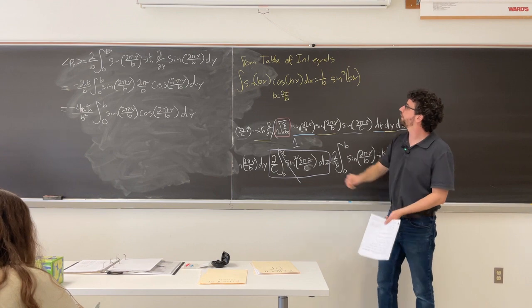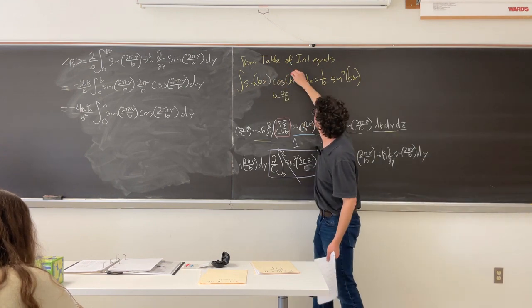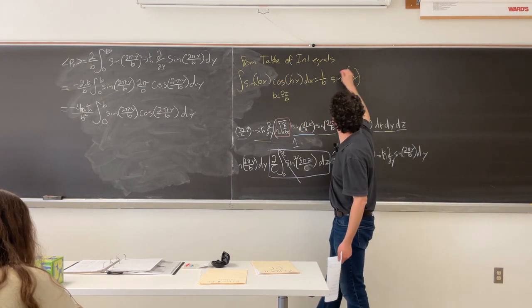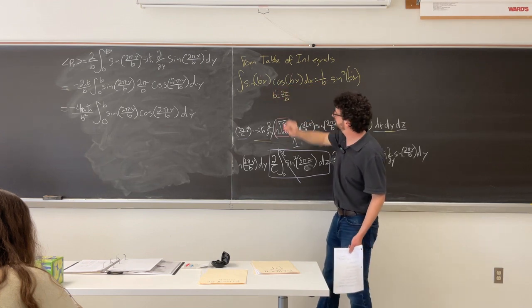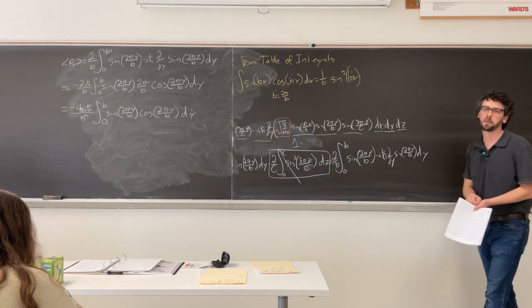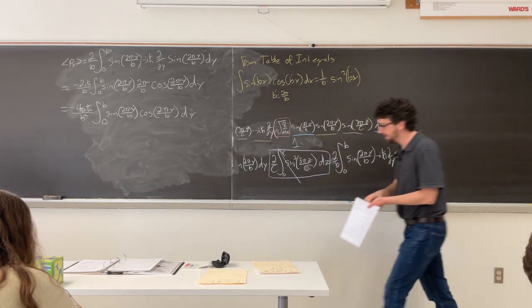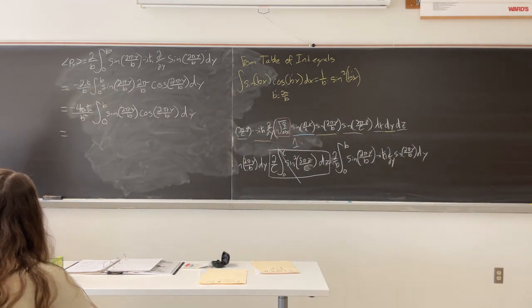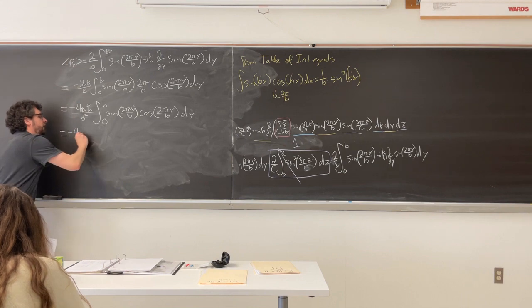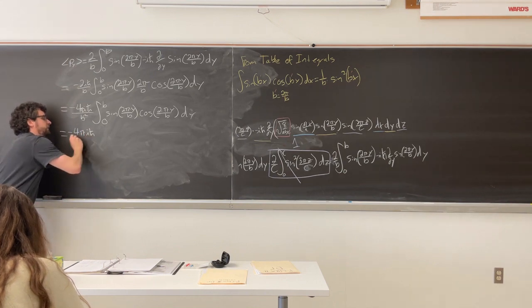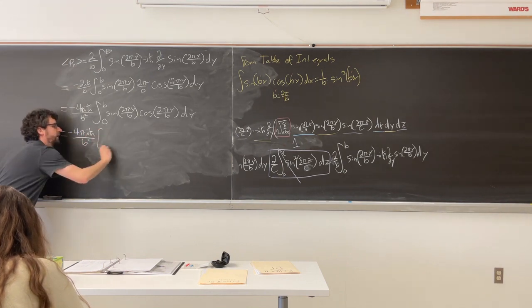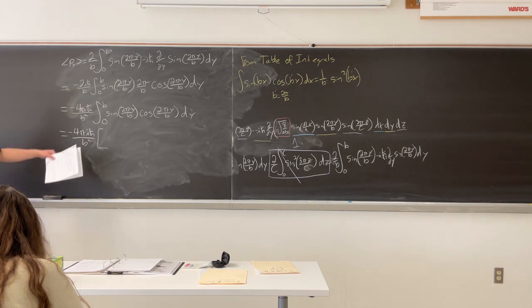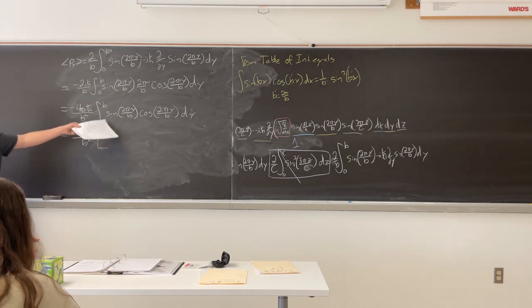Yep. We'll call this guy b prime. And that'll make the demons in my head shut up. Okay. So negative 4 pi i h bar b squared. What are we going to get out of this integral?